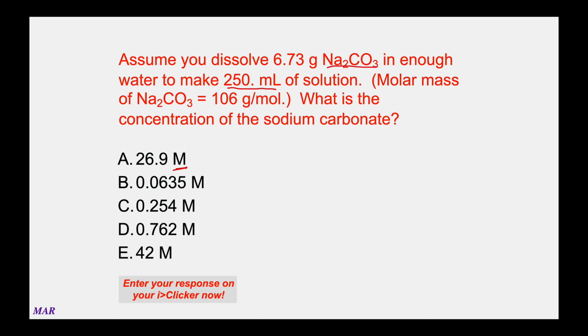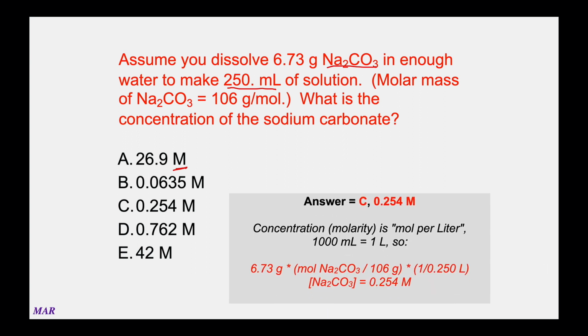The top part, the moles, you want to take 6.73 grams and divide it by 106 grams per mole. That'll turn your grams into moles. So moles on the top, volume in liters in the bottom. This comes out to be 0.254 molar. That's the concentration of this solution.